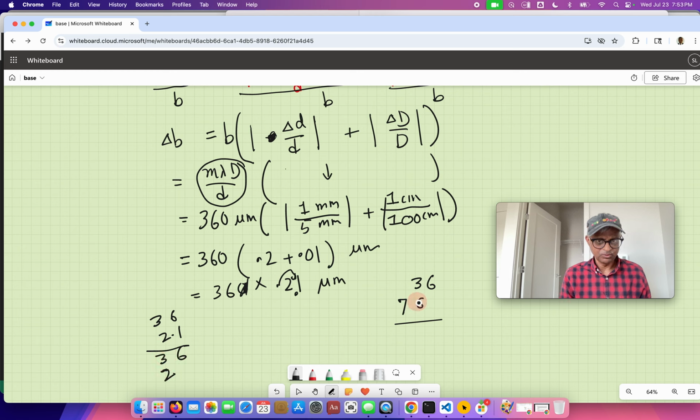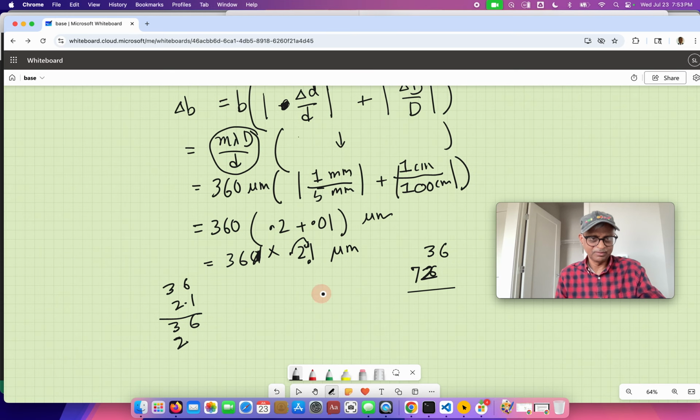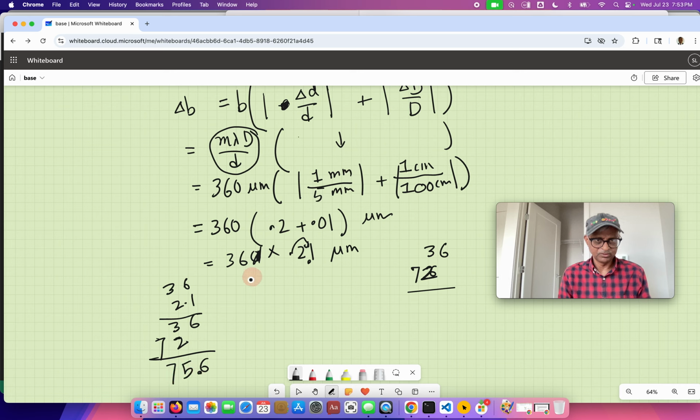Oh, this is 2. That's why we're getting this answer. And the decimal comes out over here. So this is 75.6, which will round to 76 micrometer. So that will be the answer.